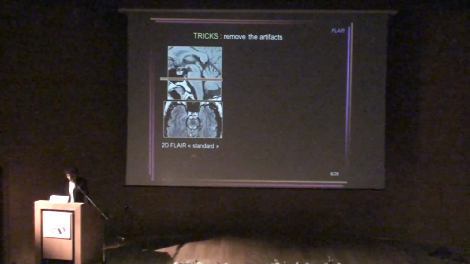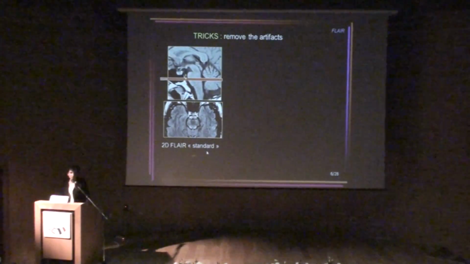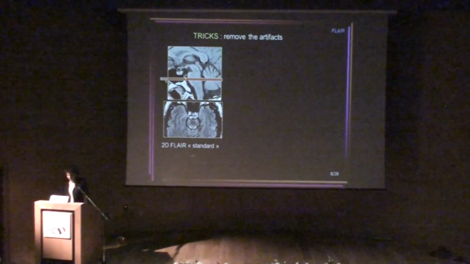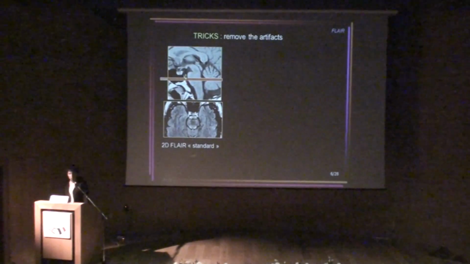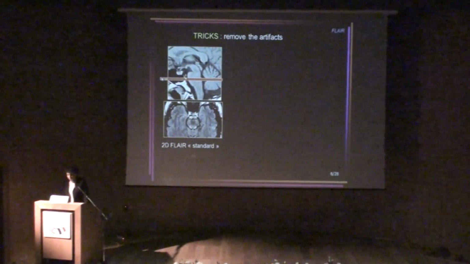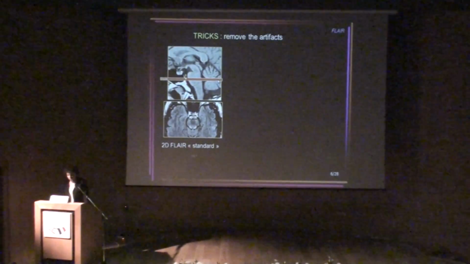Typically, the sequence I showed you is a 2D FLAIR sequence that we call the standard acquisition, and in fact we apply the inversion pulse at the level of the slice that we are going to image.